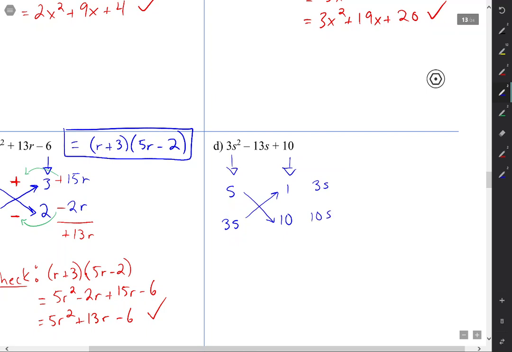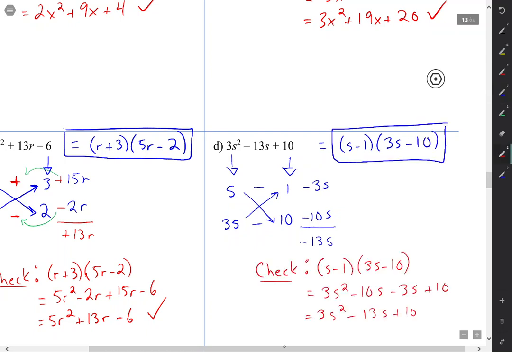And if we were to put a subtraction sign in front of both of those, we would get negative 13s if we were to subtract them together. So then we know there has to be a negative sign here and a negative sign here. So if we were to factor this, we would get s minus 1 times 3s minus 10. And here is how I checked that answer using FOIL.